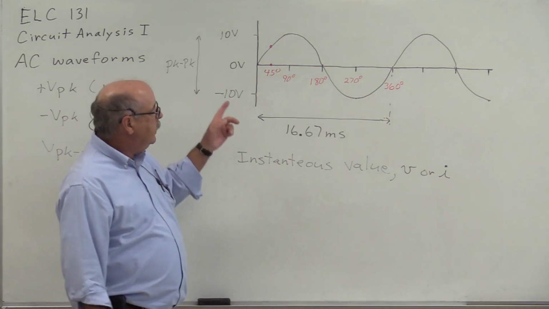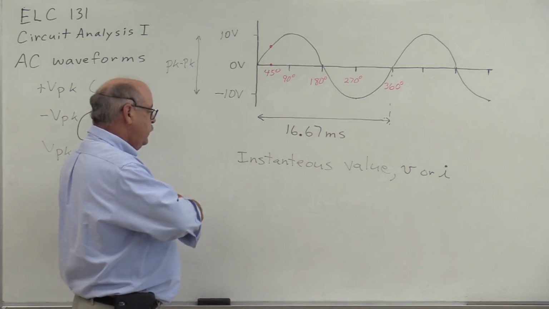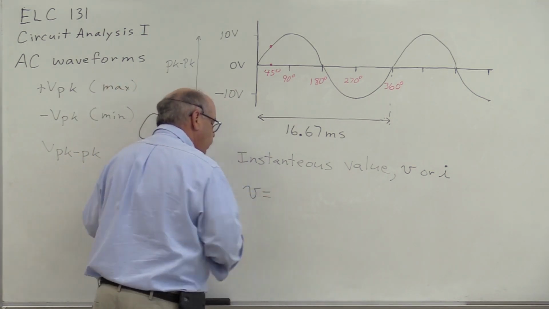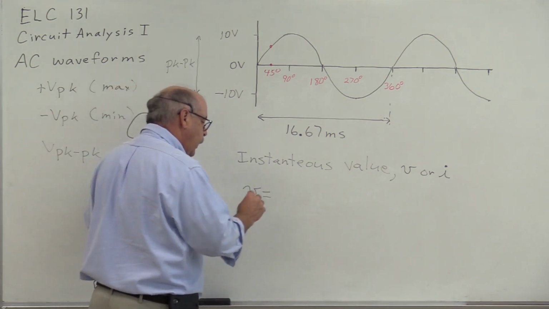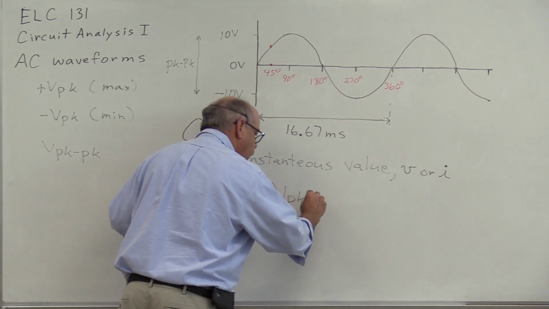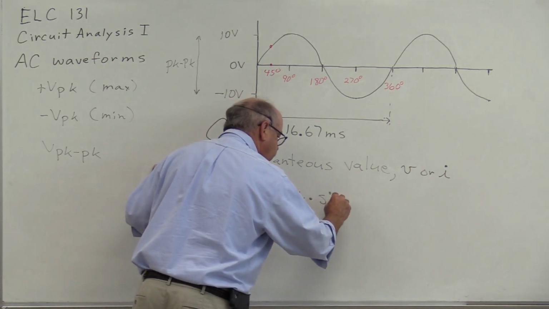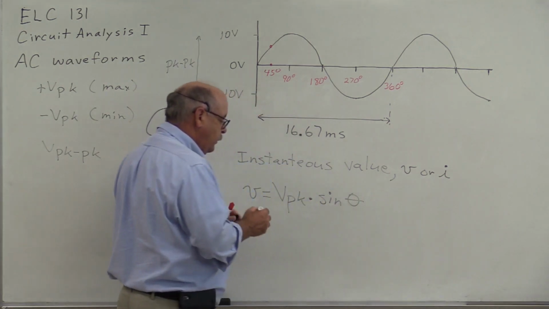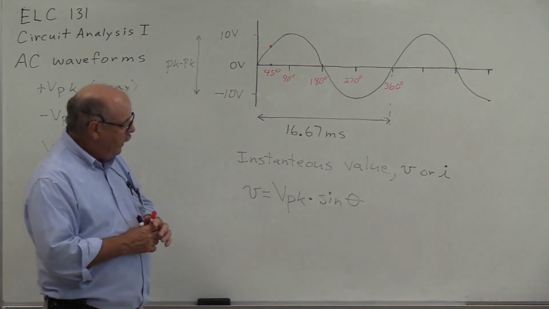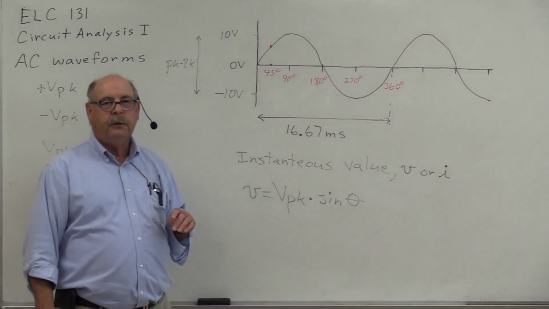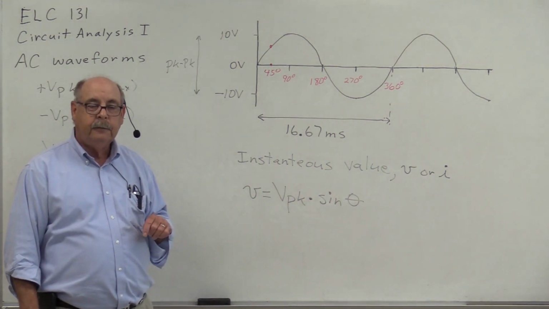Now, to calculate this instantaneous voltage, we use this equation. The instantaneous voltage equals V peak times the sine of the angular distance through one cycle. And the angular distance through a cycle is always represented with the Greek letter theta.